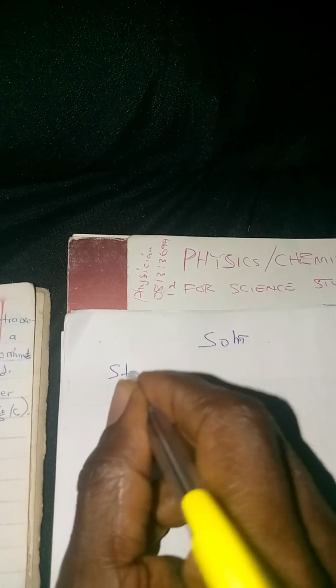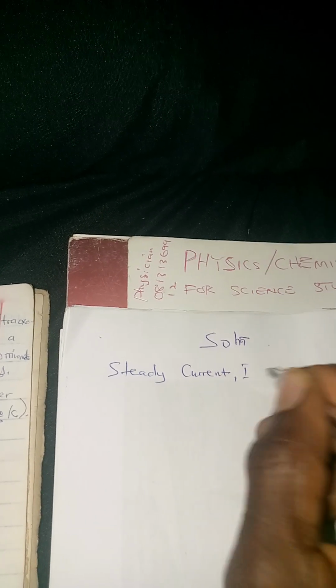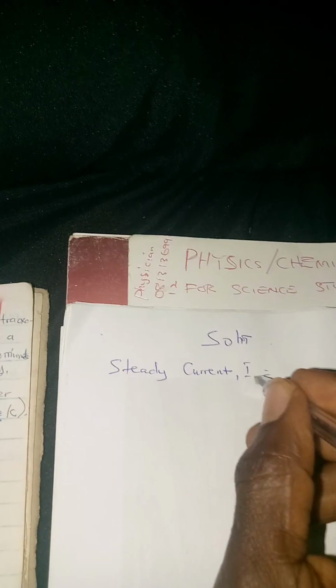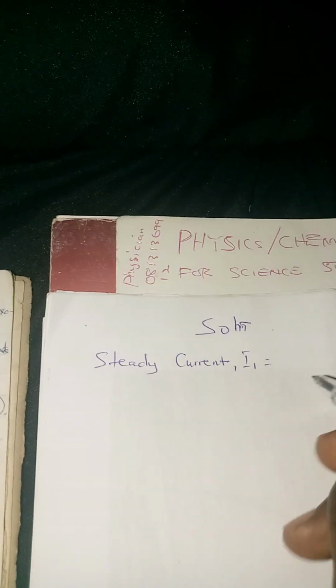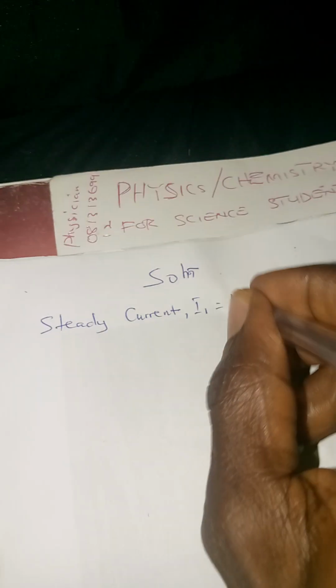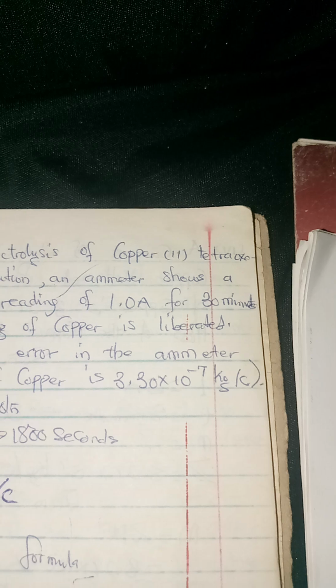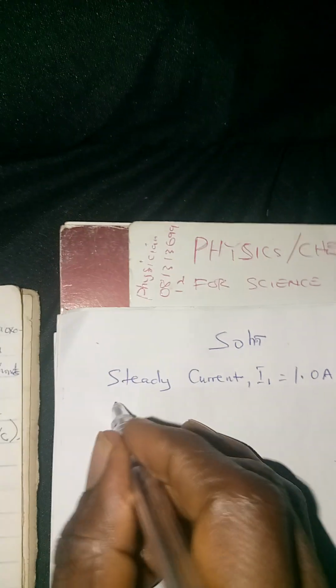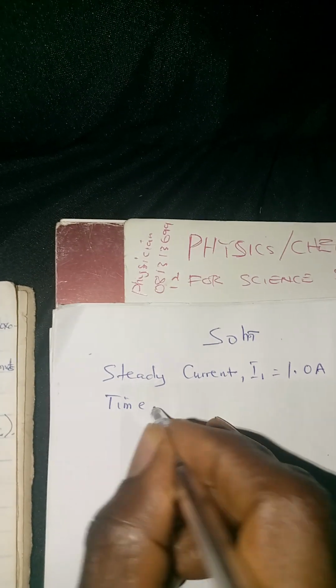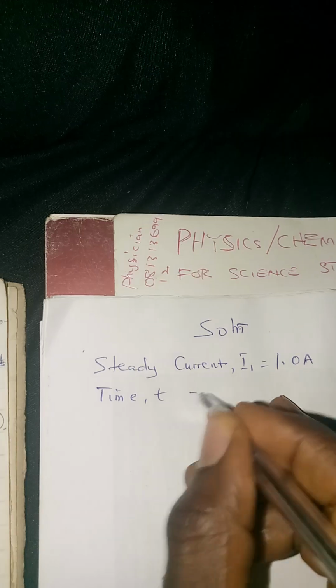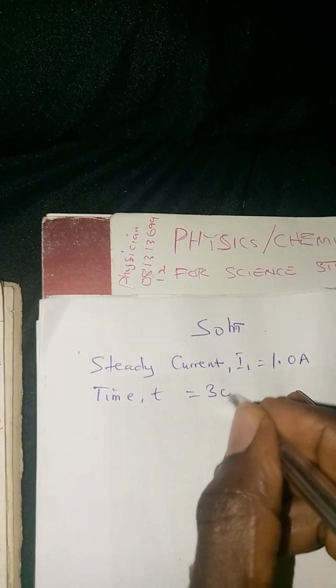Current is symbolized with the letter I, so this can be current 1, equal to 1.0 ampere. Now they say for 30 minutes. That means your time is symbolized with the letter T, equal to 30 minutes.